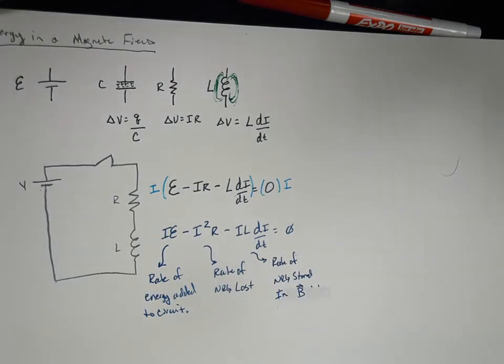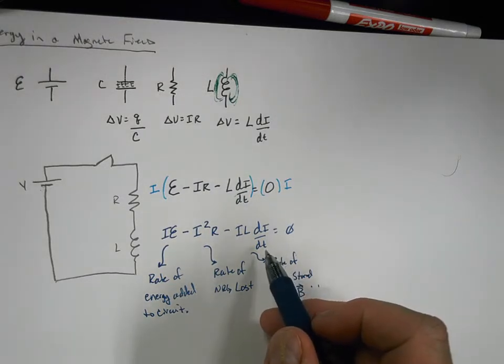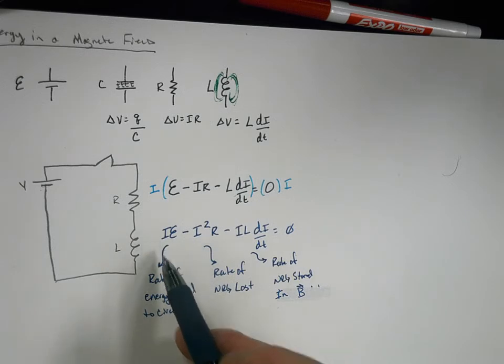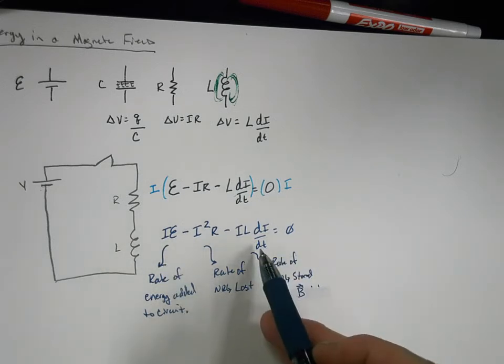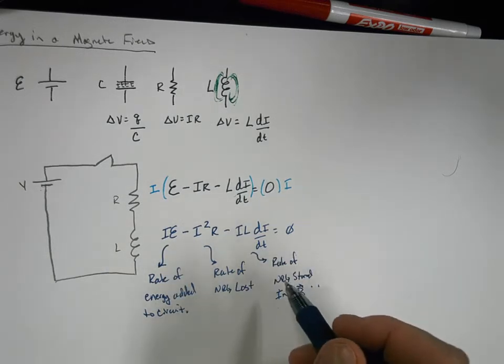This is the rate at which we are storing energy in the magnetic field. It's this over here, which would be a negative value from this. If this is producing energy, it's going away here. It's getting sucked up to make this whole thing 0.